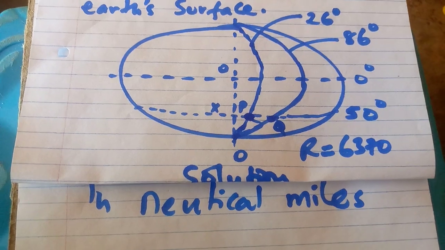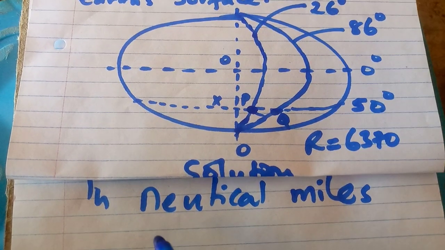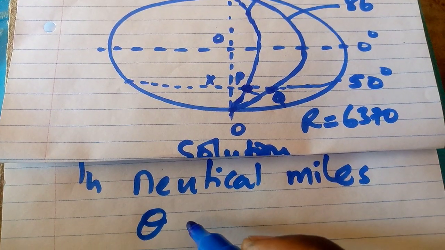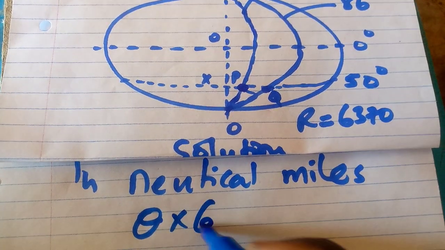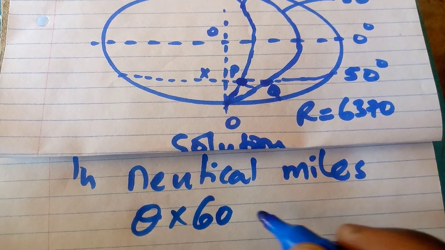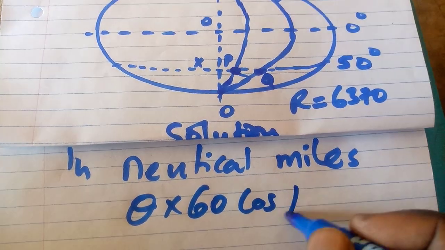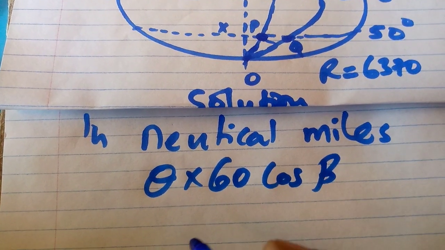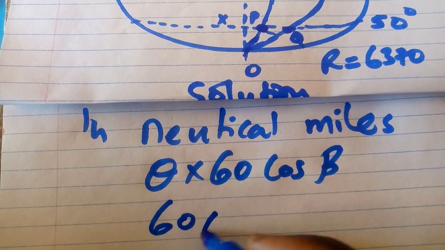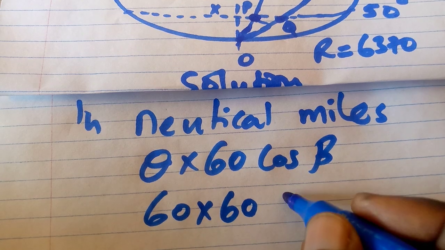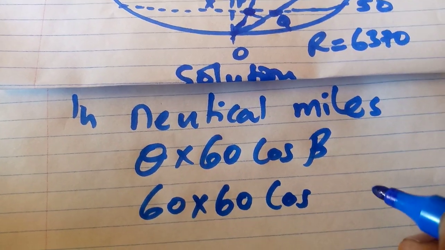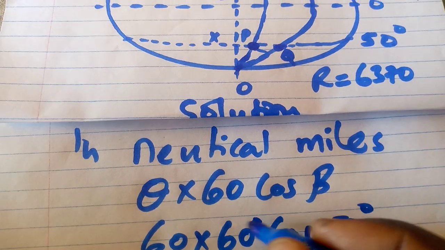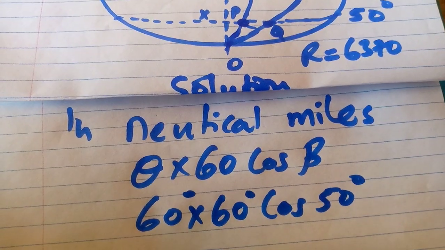So guys, in nautical miles, I'm going to use the formula longitude difference multiplied by 60 times the cos of latitude. So my longitude difference was 60 multiplied by 60 multiplied by cos of latitude. Remember they are in degrees.